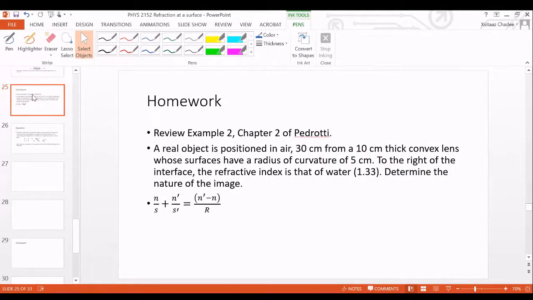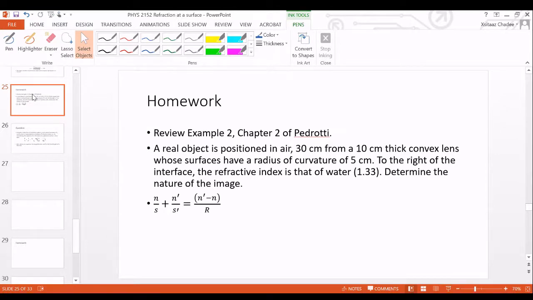What I would like for you to do for homework is to review example 2 of chapter 2 of the Pedrotti. Now they didn't really form it as a question, so I have put it in the format of a question. In this case you have a thick convex lens.